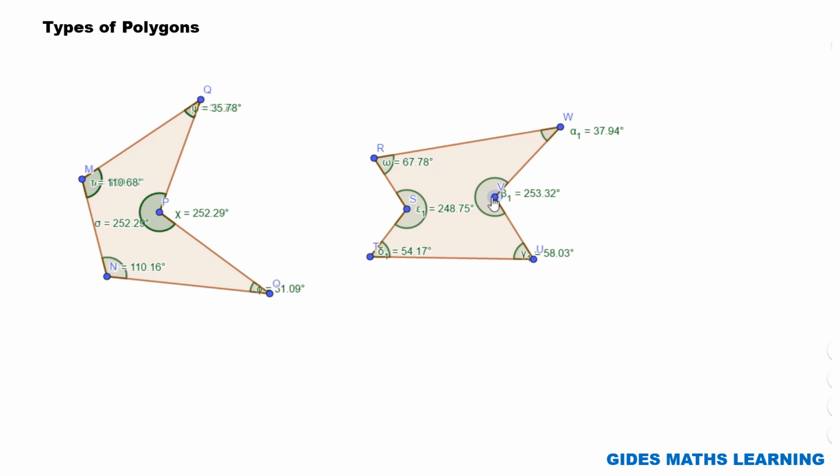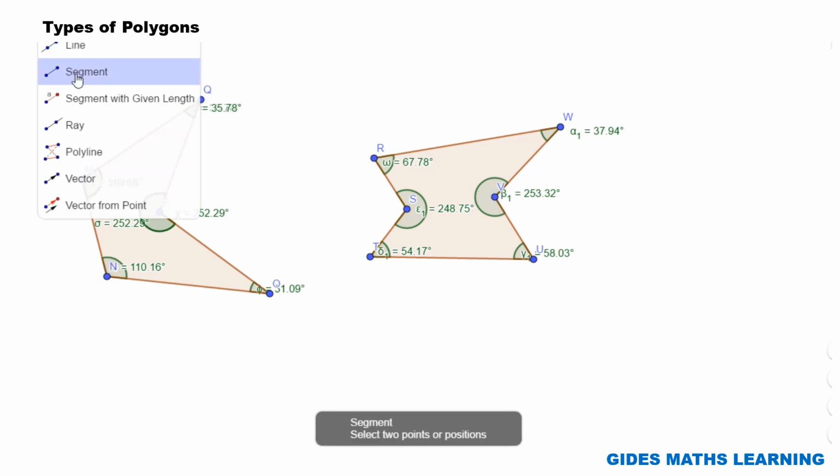Now the diagonals of a concave polygon, at least one of them has part of it falling outside the polygon, or the entire diagonal falling outside the polygon. Let's look at the diagonals.